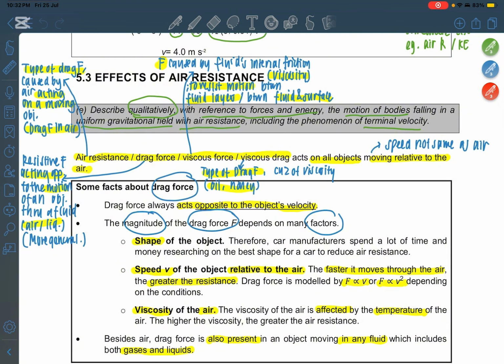Okay, and air resistance is also a type of drag force, and it's caused by air acting on a moving object, which is drag force in air, given for moving objects. Then lastly, your drag force is what you call resistive force, acting opposite to the motion of an object through a fluid, either air or liquid. So drag force is something that's more general.